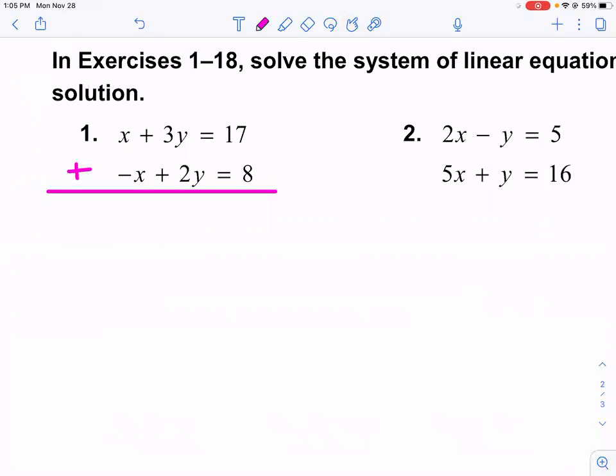Okay. What happens when we add x and negative x? Okay. We're going to get 0. Those are going to cancel out. Okay. What happens when we add 3y and 2y? We get 5y. And what happens when we add 17 and 8? 25.